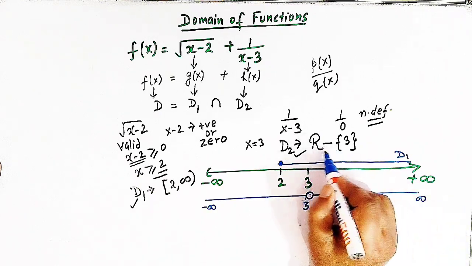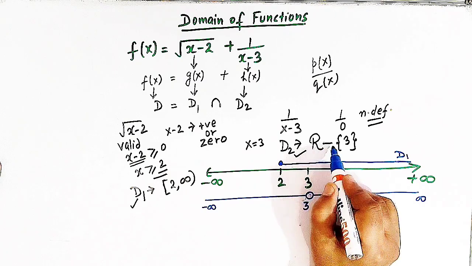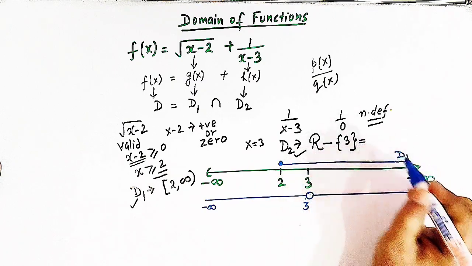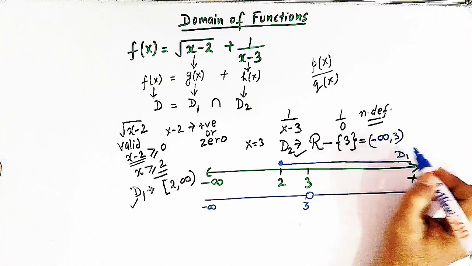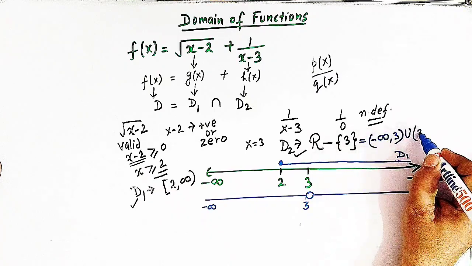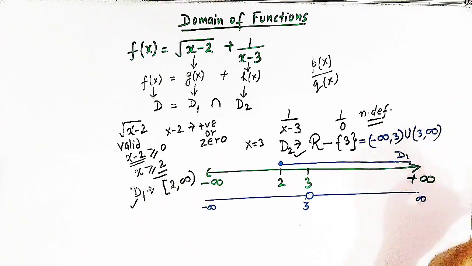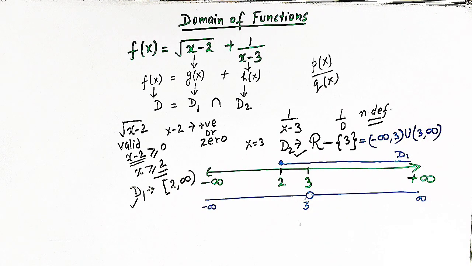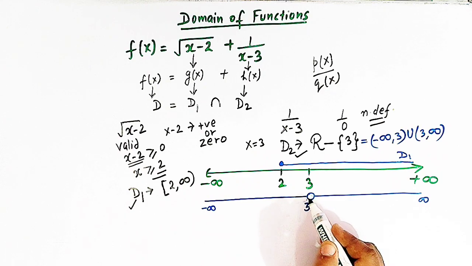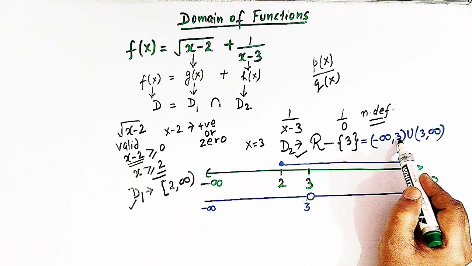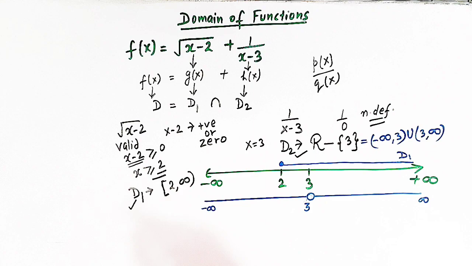So this set, R minus 3, can also be written as minus infinity to 3 union 3 to infinity, right? Here this circle signifies that 3 is not included, so this 3 and this 3 are not included.